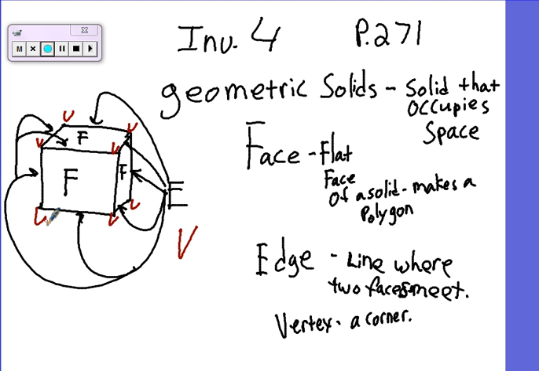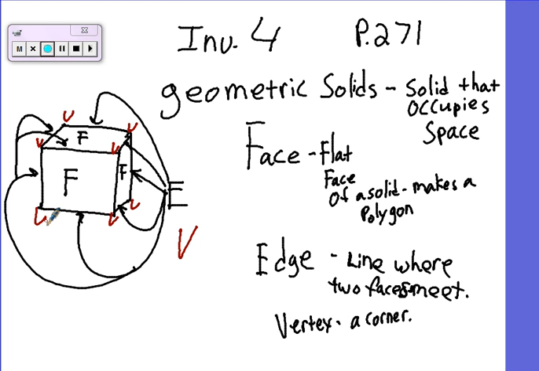How many vertices, that's the plural term for vertex, do you see on that shape? 7. I should say, how many are there, including the one that you can't see? 4 on top, 4 on bottom, including the one that you can't see.